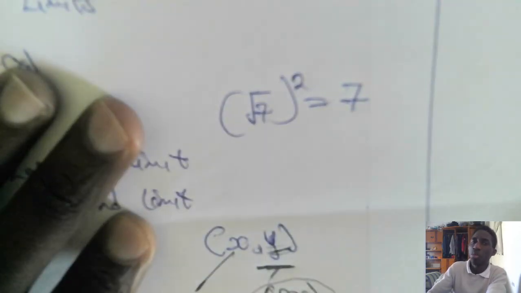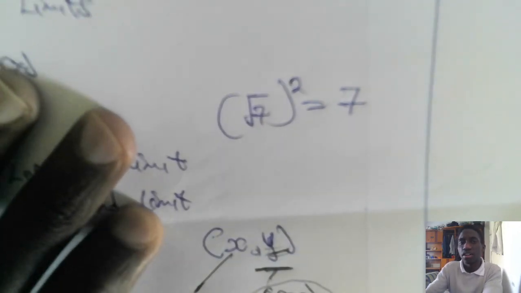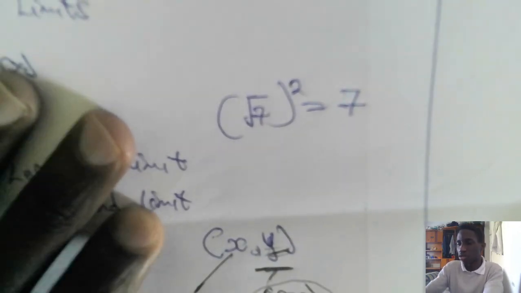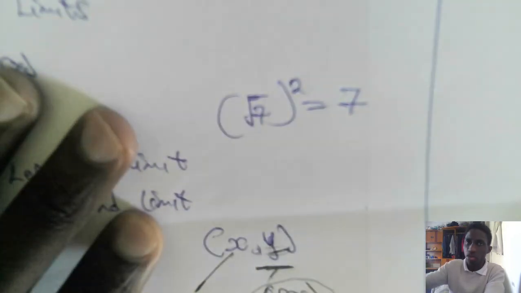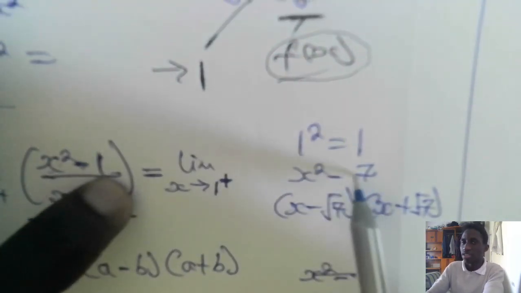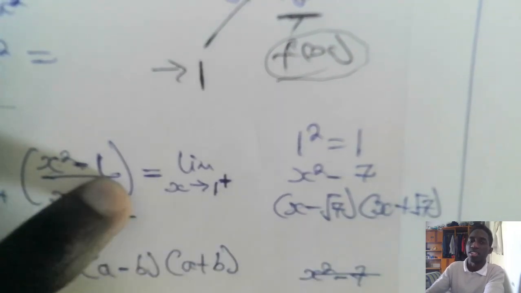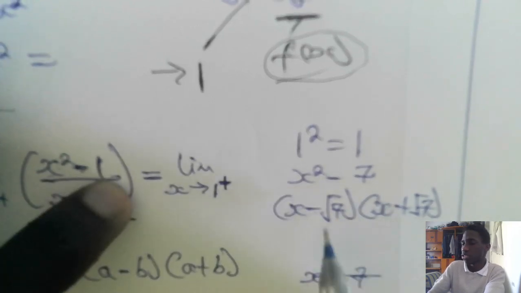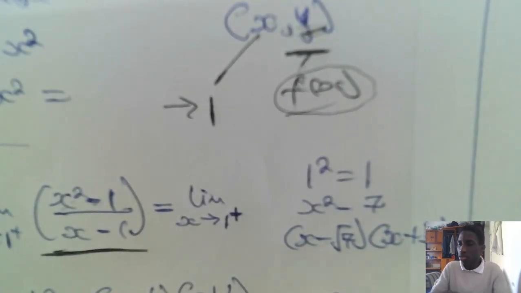So even if the number isn't a perfect square, I can still get a difference of two squares. Once I see x squared minus anything, I can easily express it as a difference of two squares, and then factorize it using that method.